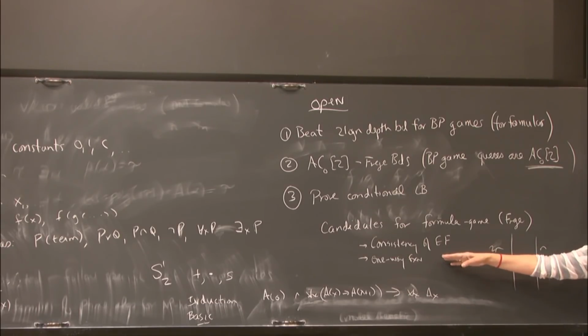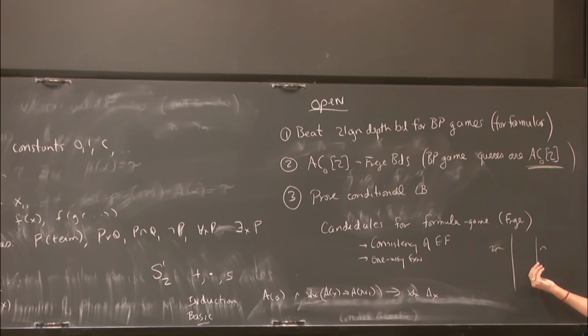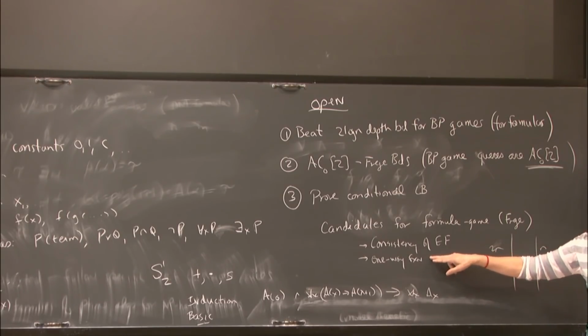And you write a tautology, a formula that says that something over here is not in the range of the function. Okay? If you think the function is one way and not invertible, you should also think it would be hard to prove that any specific string on the right doesn't have something mapped to it. So that's a good candidate, but again, we don't have any idea how to prove such lower bounds.